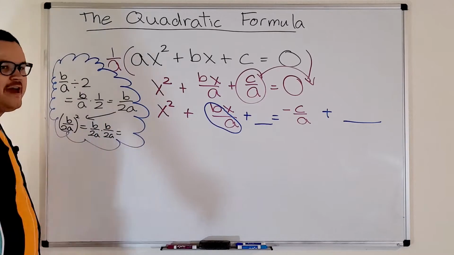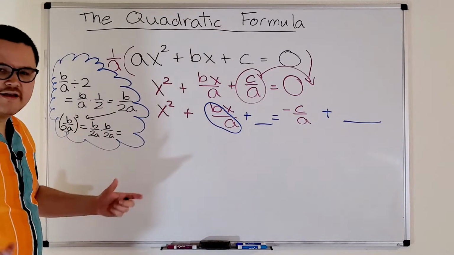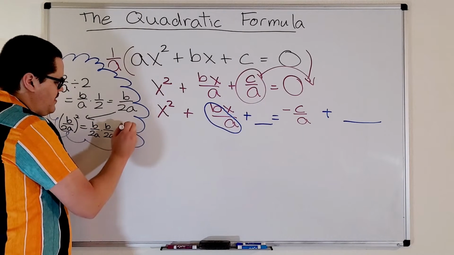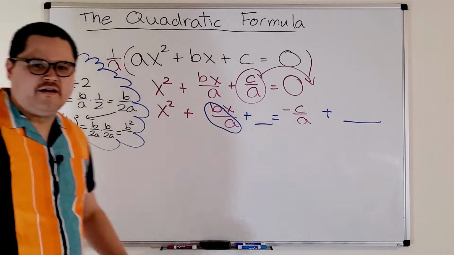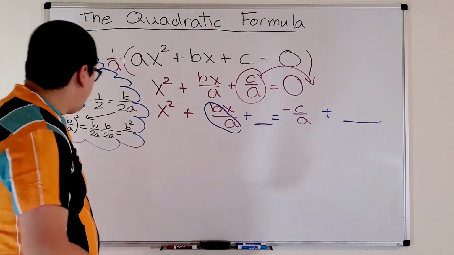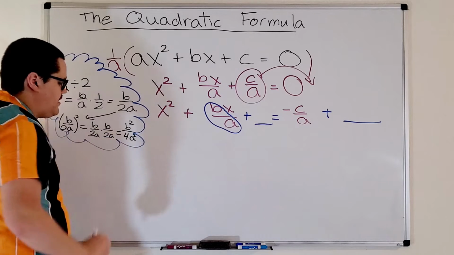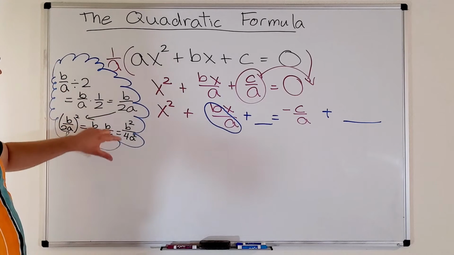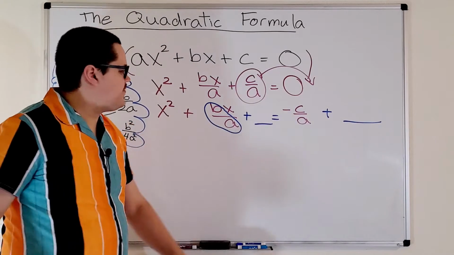And we can multiply across again. So b times b is b squared. What about 2a times 2a? Well, 2 times 2 is 4, and a times a is a squared. So we get b squared over 4a squared, and that's what we put in the blank on both sides.